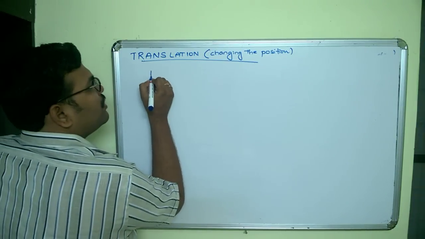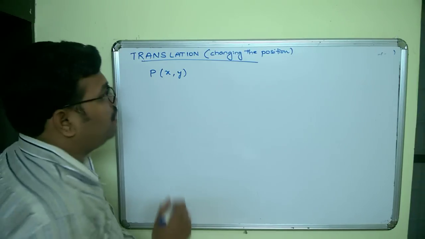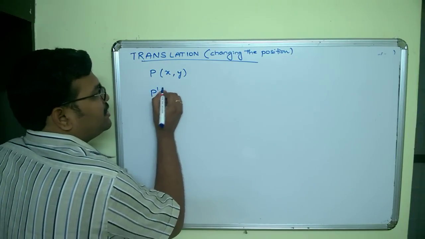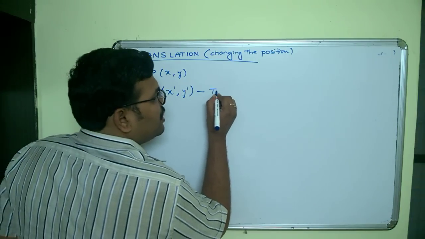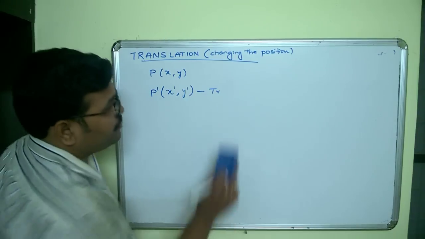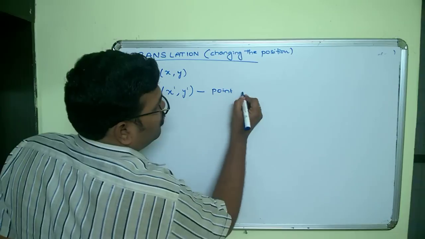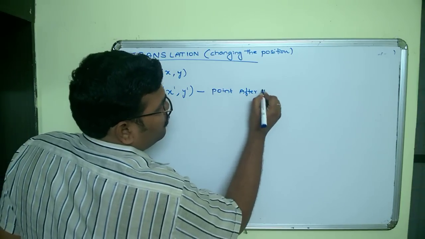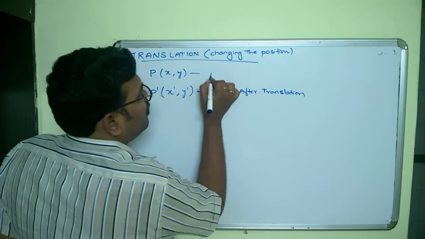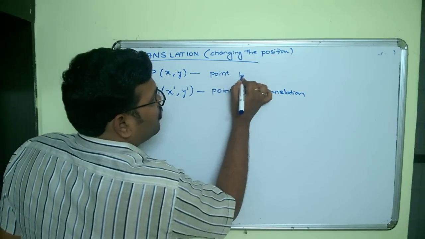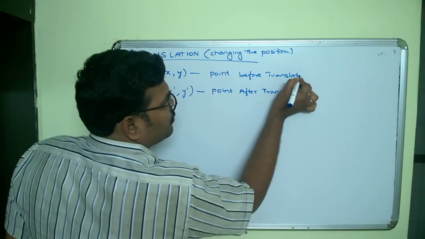Let us consider P (x, y) as a normal point, and P dash (x dash, y dash) as a new point, that means the point after translation. This is the point before translation.